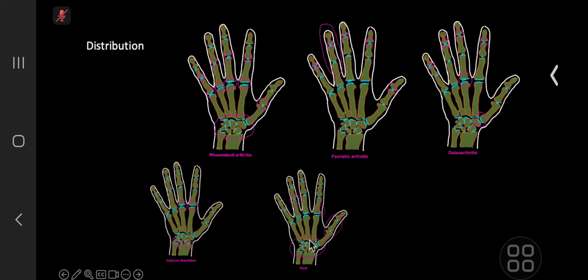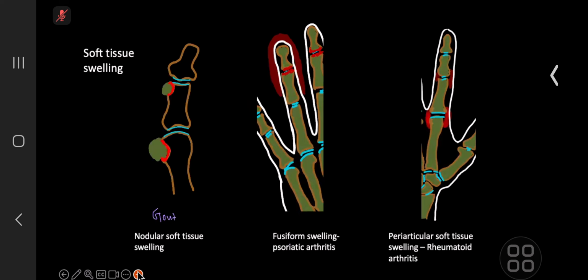Gout is variable, so it can involve the carpal bones, the first MCP joint, and also the mid interphalangeal joints. Based on soft tissue swelling, we classify whether it is nodular soft tissue, fusiform, or periarticular only.